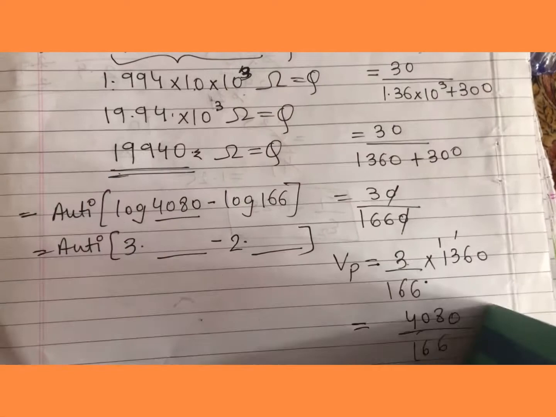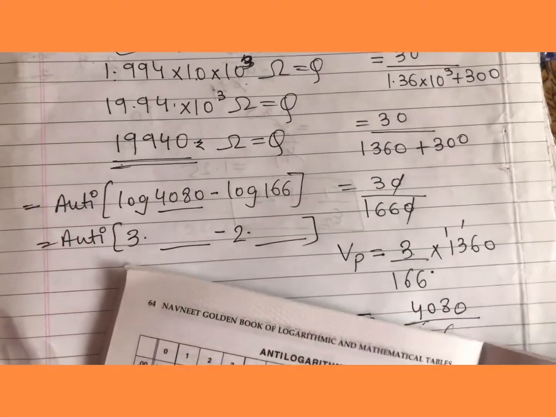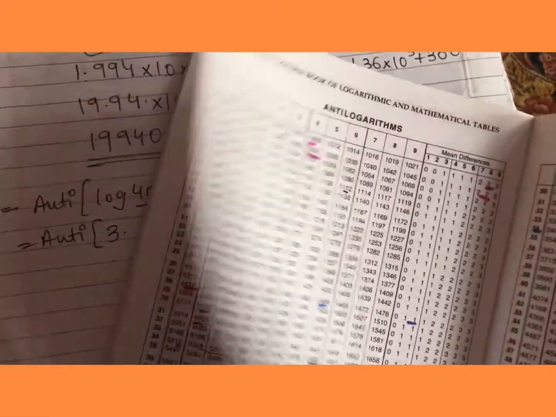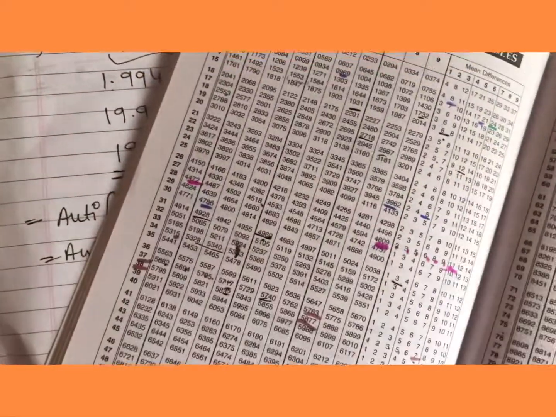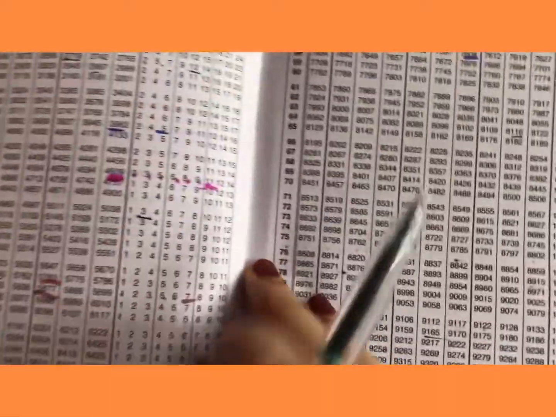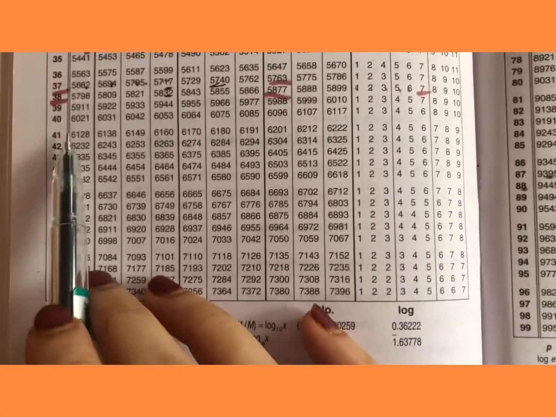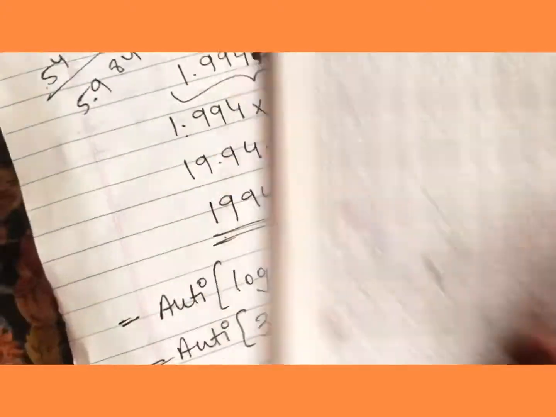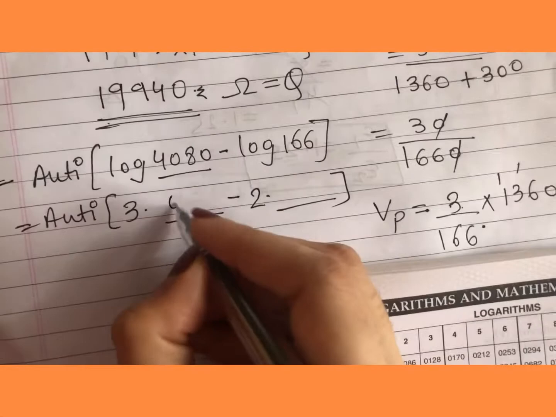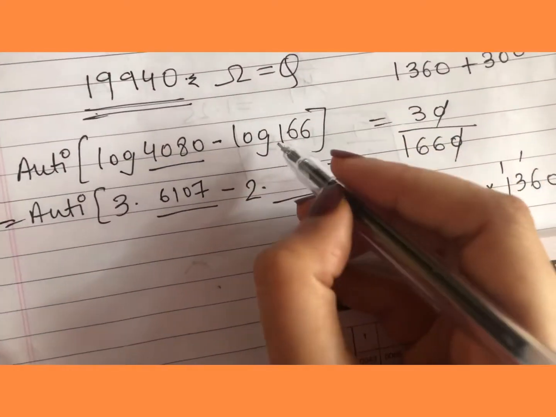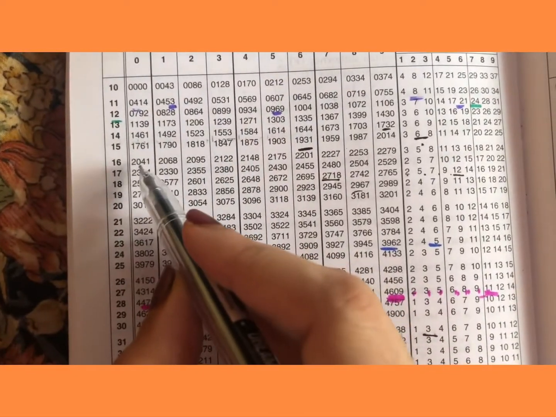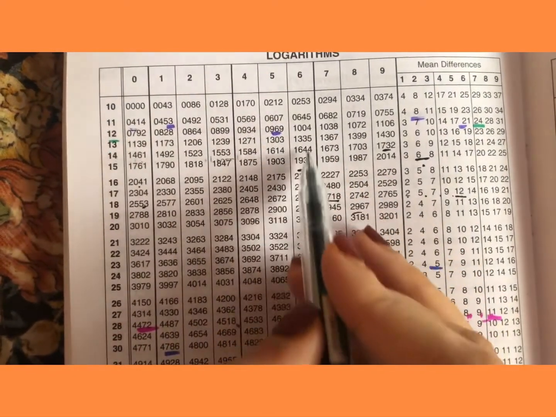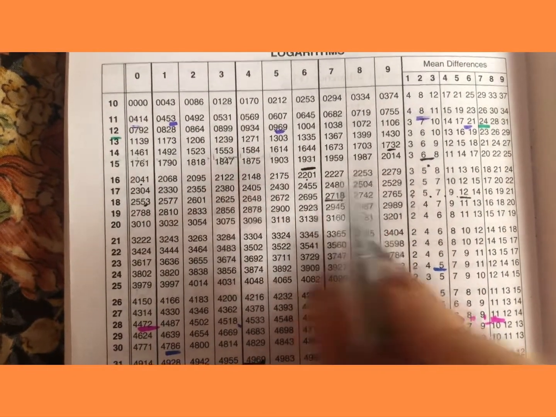If you have a log book, see 40 ka 8 ka 0. We don't have mean difference for 0, so just see for 40 ka 8. For 40 ka 8, it is 6107. Now let's see for 16 ka 6, which is 2201.